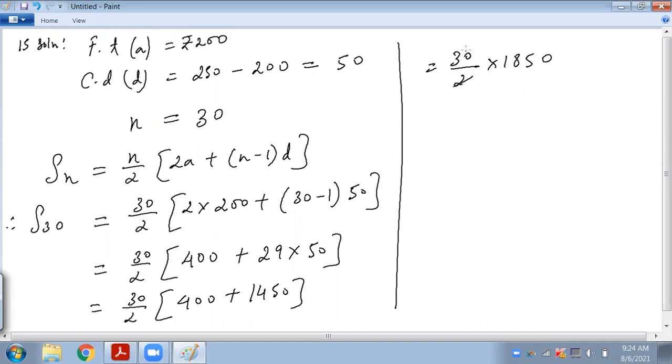Now we can cut it. 2 9s are 18, 2 2s are 4, 1 in hand, 2 5s are 10. So we're getting 925 into 30. And it is coming out how much? 27750.